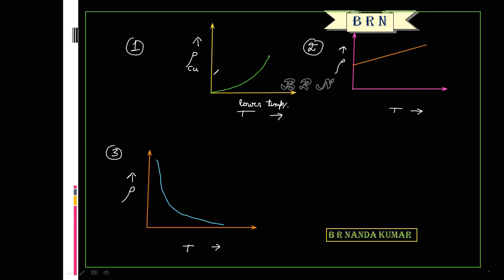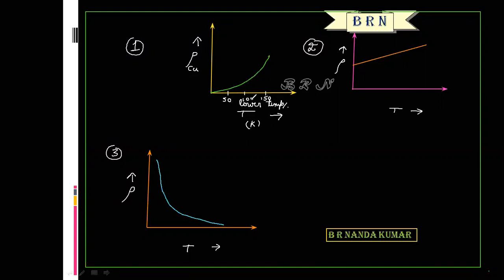Actually, resistivity of metal increases linearly with increase in temperature, but at lower temperatures, for example 50, 100, 150 in terms of Kelvin, the resistivity of copper increases non-linearly.